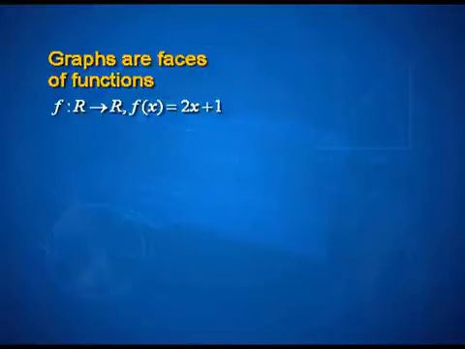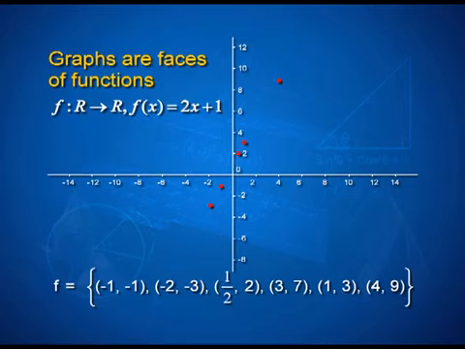Let us start with this. Suppose I have a function f from real numbers to real numbers, f of x is 2x plus 1, and I take a few of the ordered pairs in this function and I plot them in the Cartesian system. Then it just looks like random points that have been marked. But now if you look closely, this f, the function, is going to have infinitely many ordered pairs in it, because R is the set of real numbers.